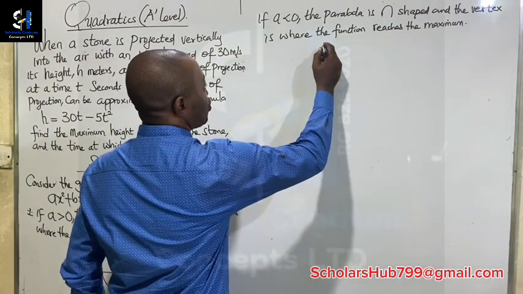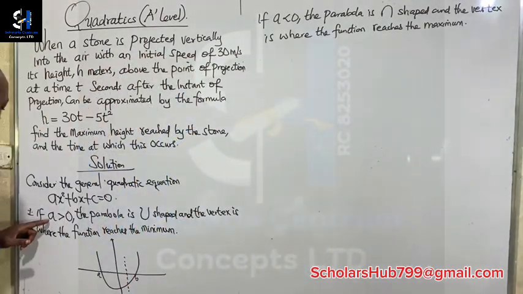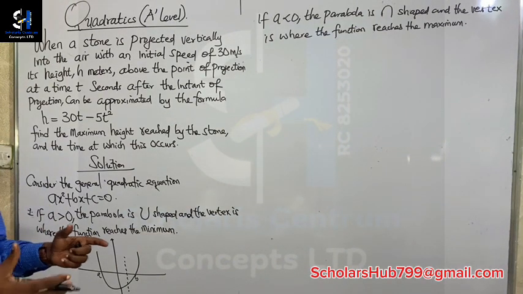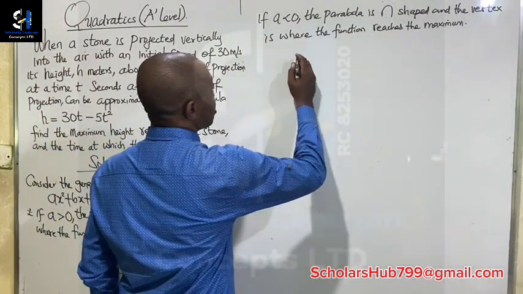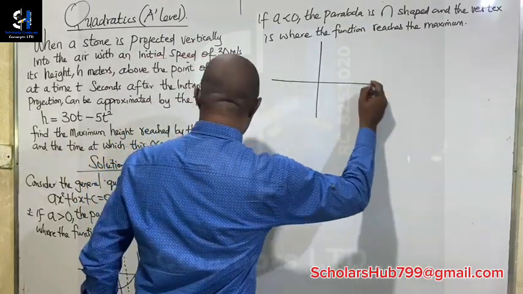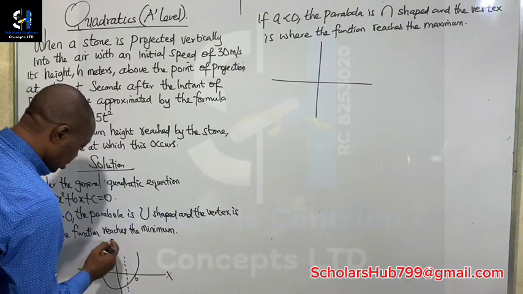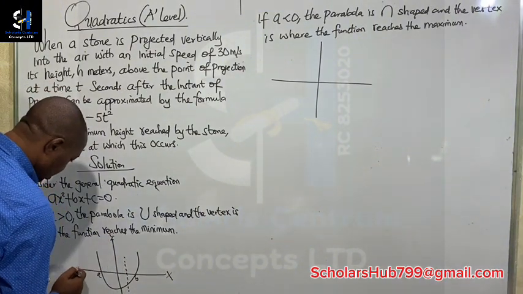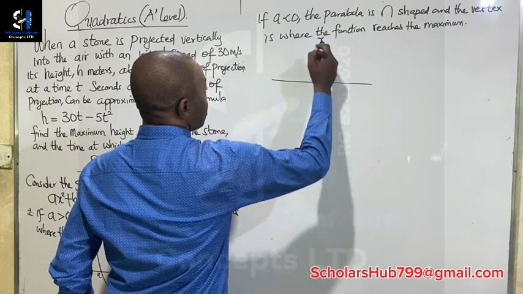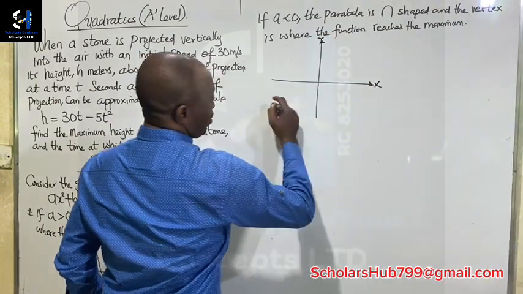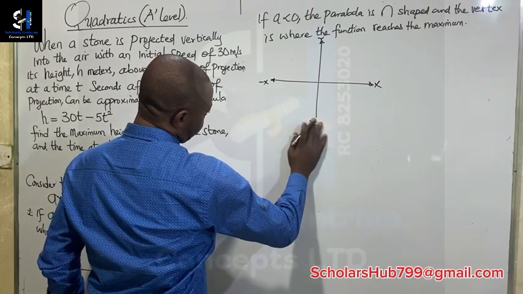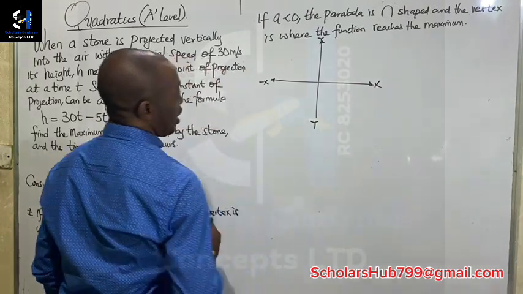So this is when a is greater than 0, for this quadratic equation. But when it is negative, it will mean that a is less than 0. So for a less than 0, we have the x-axis, the y-axis, the negative x-axis, and the negative y-axis.